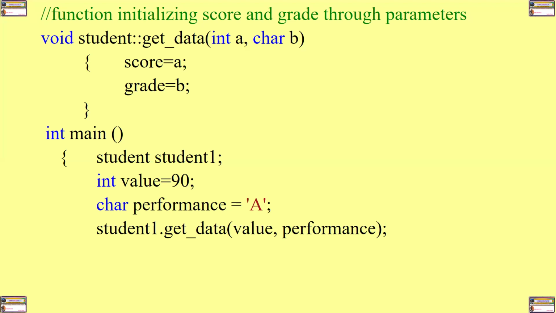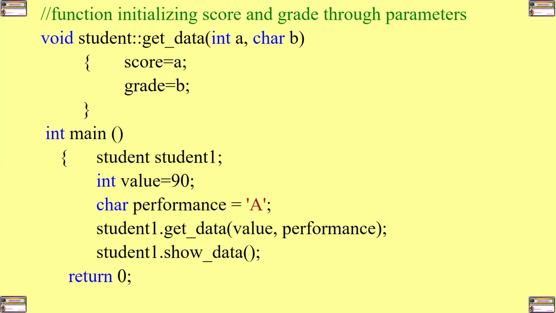So we are passing two parameters to the function called getData, which is a member of the class called student. Who are these parameters, or who are these arguments? We have value and we have performance. From there, we invoke the function called showData. It is accessible through the object called student1. So student1.showData, we invoke that function.